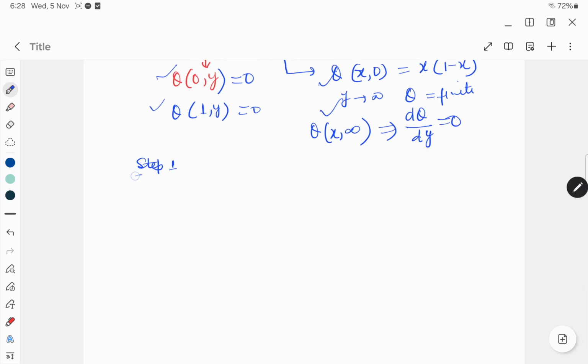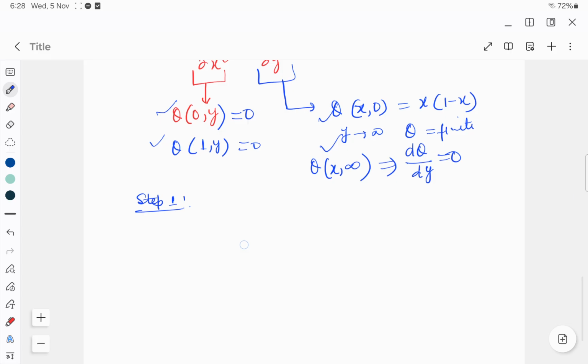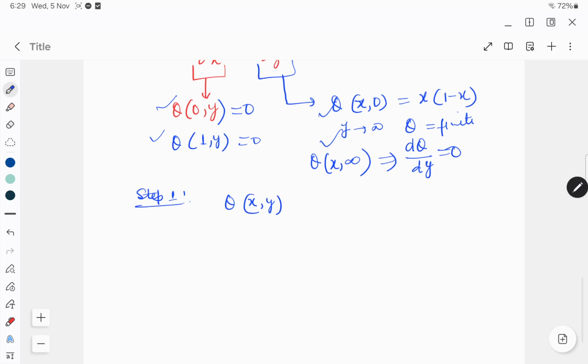Step 1, we have to assume an expanded form of theta. Theta will be a function of x and y for sure, and I will take the summation of one function, which would be the eigenfunction, that I will write as phi in x, for the eigenvalue problem that we need to find out.